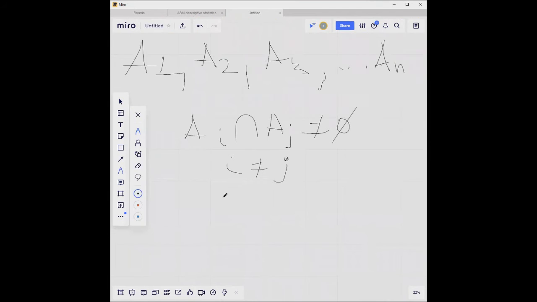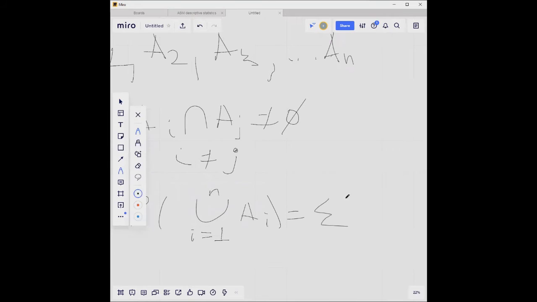Then if we are looking at the probability of the union of those Ai from 1 to n, it can be expressed as the sum of their individual probabilities, so the sum of P(Ai) for i from 1 to n.